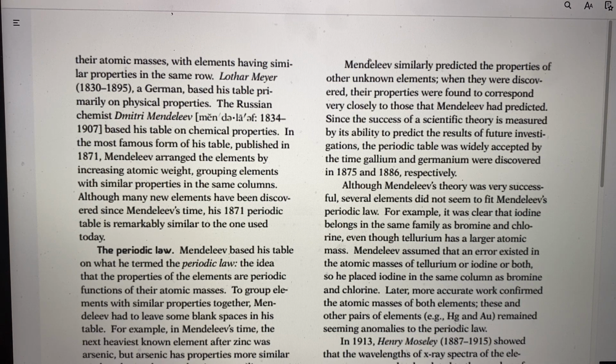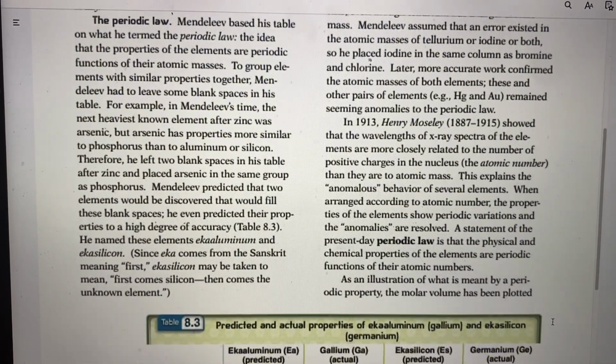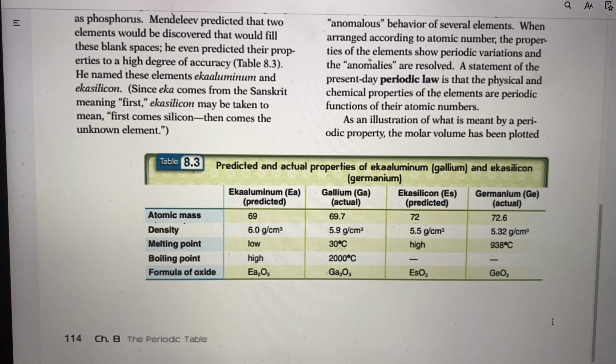Dmitri Mendeleev was one of them, and he based his periodic table on chemical properties and published it in 1871. But Lothar Meyer was a German, and he made a table too, based on physical properties. But Dmitri Mendeleev's was quite a deal. It was very, very in depth as he put it together, and we'll show you that in just a little. It was based on these chemical properties, and Mendeleev's is very similar to the periodic table that we have today.